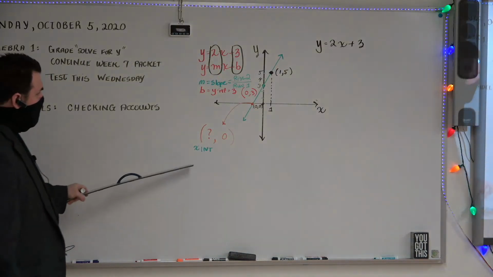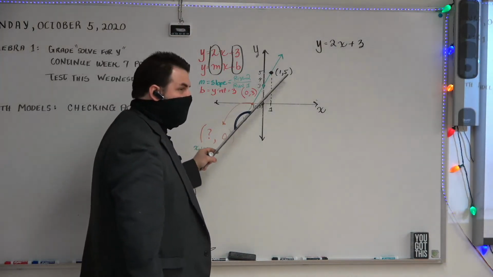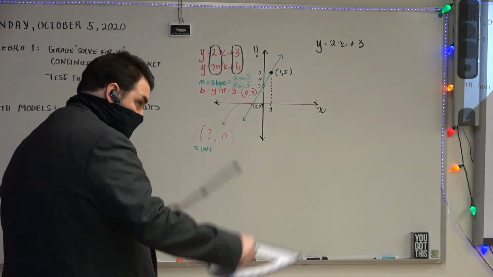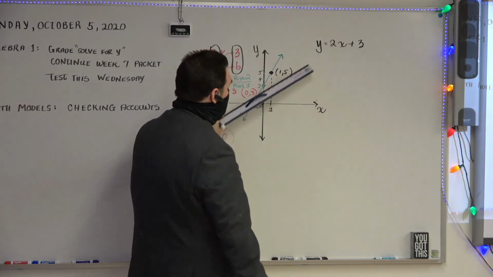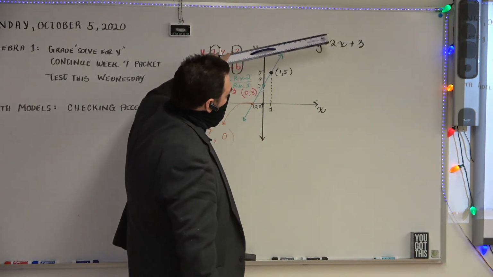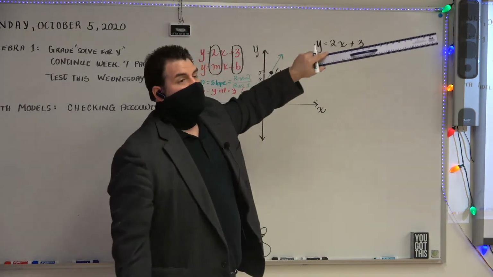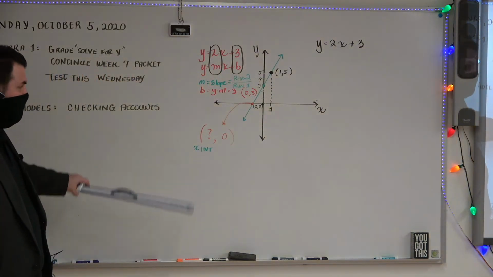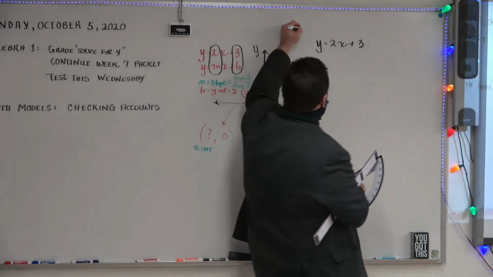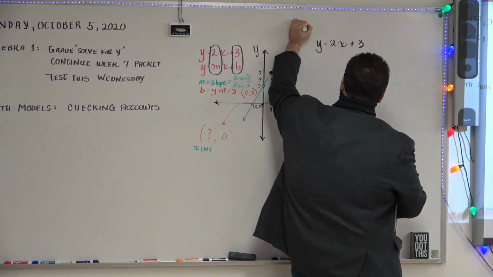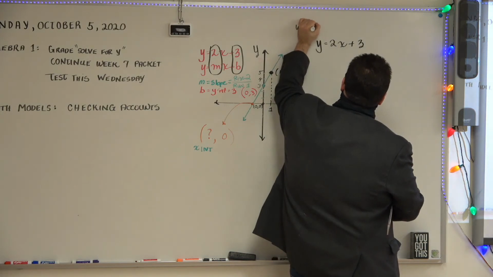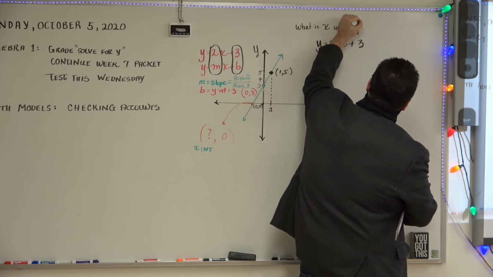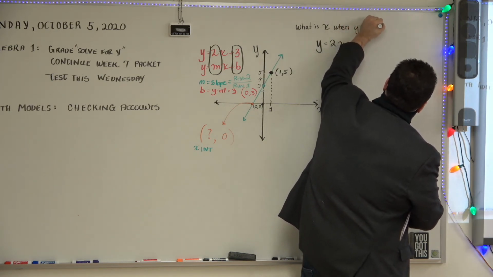Now, remember, the definition of the Y-intercept is what is y when x is 0? The question we have to ask for the X-intercept is, what is x when y is 0?